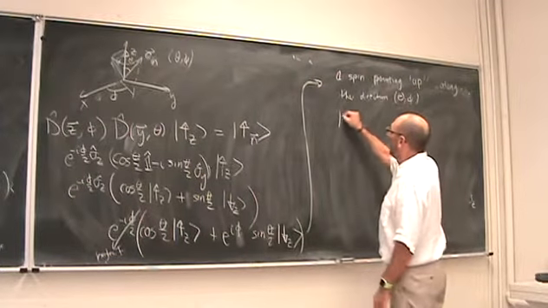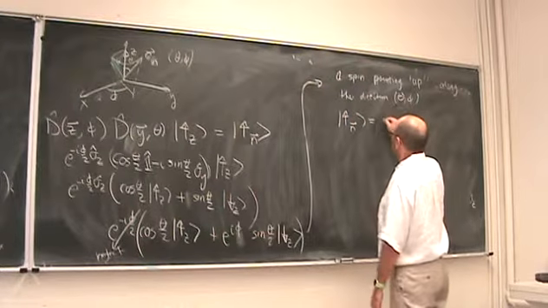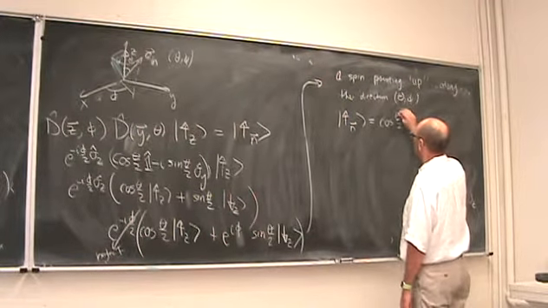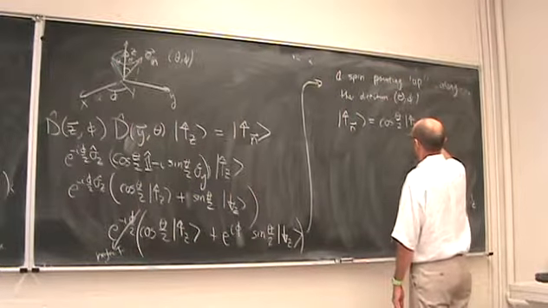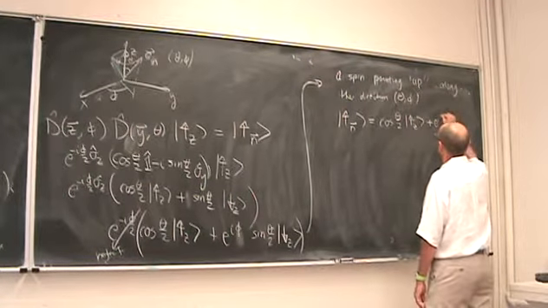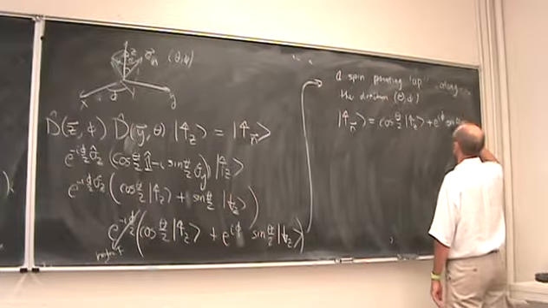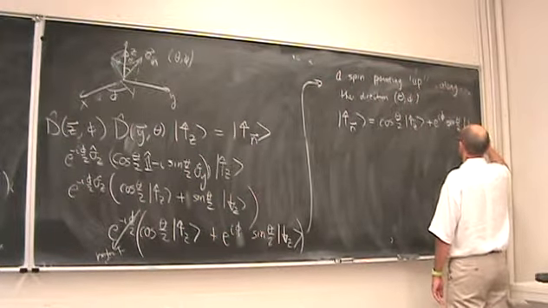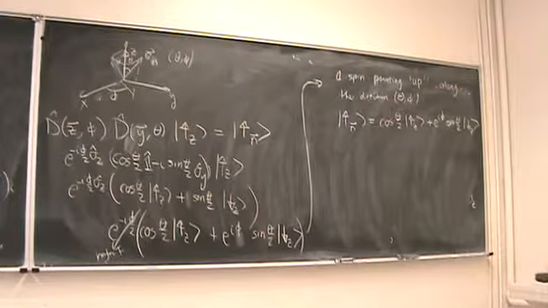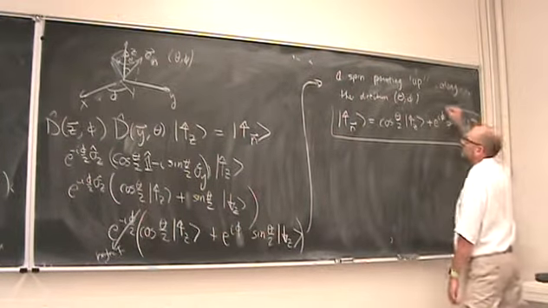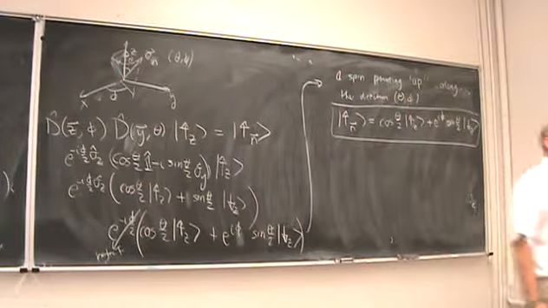So it says spin up along this direction is equal to cosine theta over 2, spin up along z, plus e to the I phi sine theta over 2, spin down along z. That's an important result. Okay?